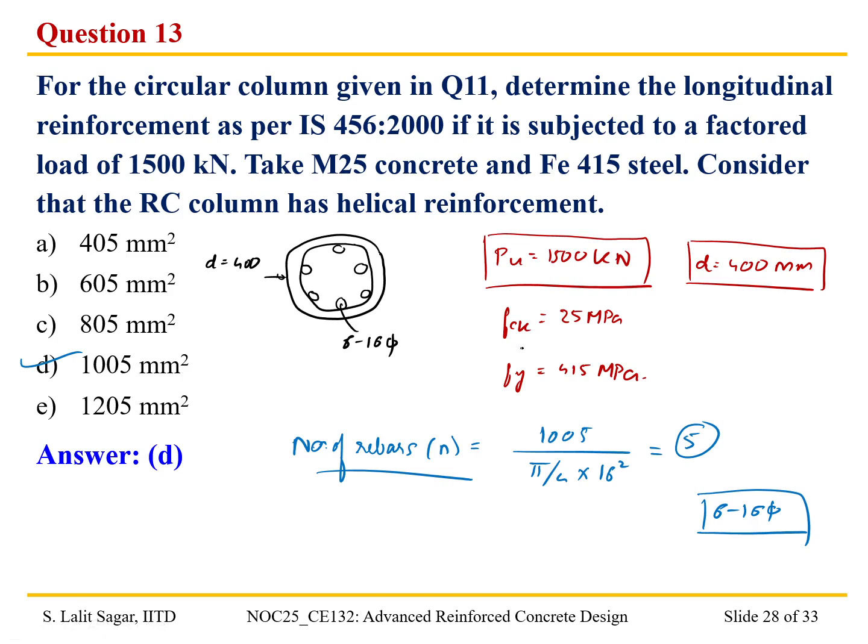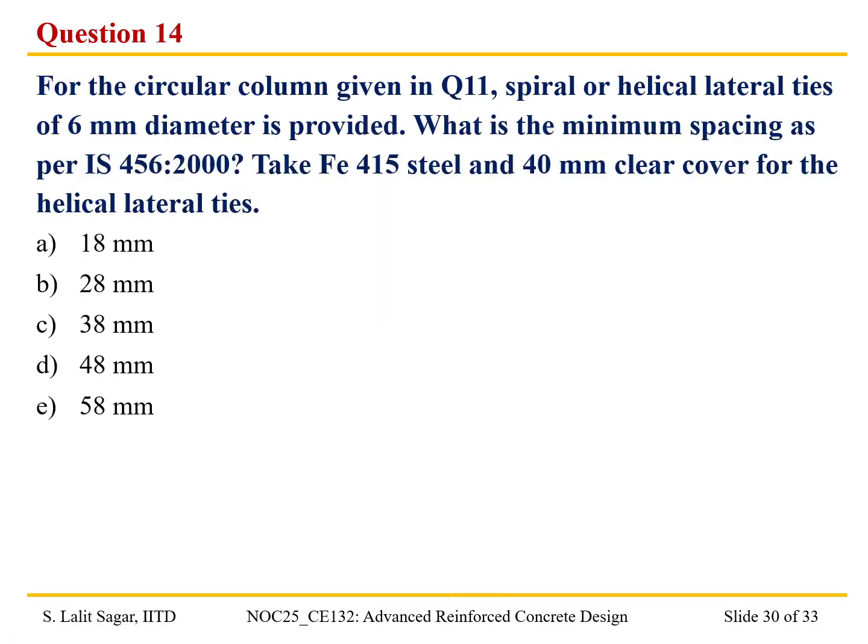Okay, so in this last question for the day, let us design the helical or the spiral reinforcement for this circular reinforced concrete column. For the column, it is given that the spiral or the helical reinforcement is 6 millimeter in diameter. What is the minimum spacing that has to be provided as per IS 456?